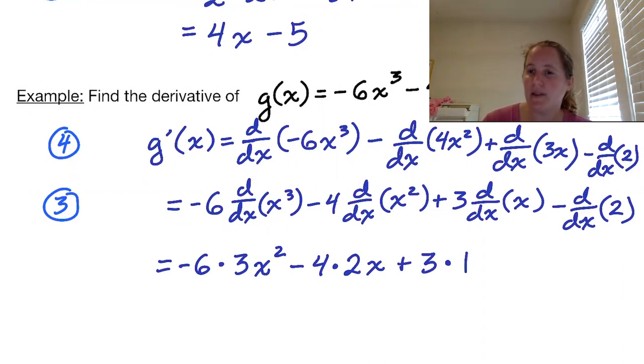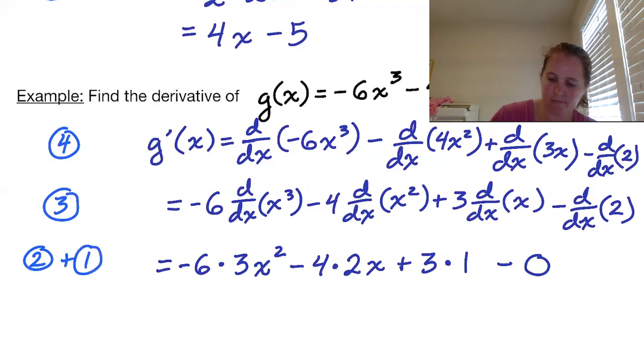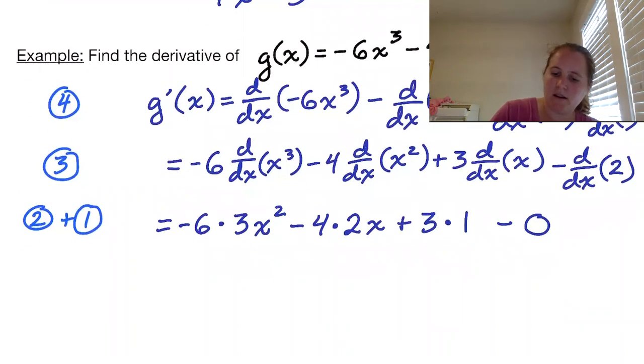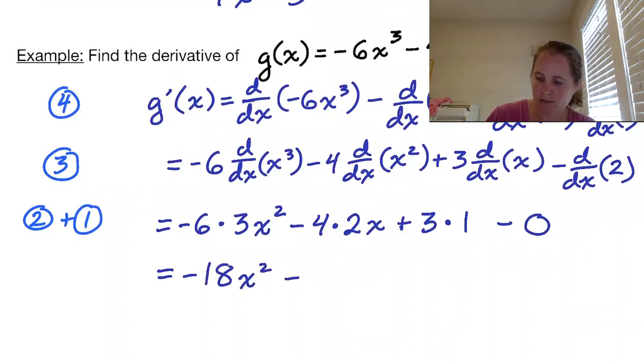X to the 0th is 1. And then derivative of 2 is 0. Constant function has derivative of 0. So this was rules again, 2 and 1. And we wind up with -18x squared minus 8x plus 3.